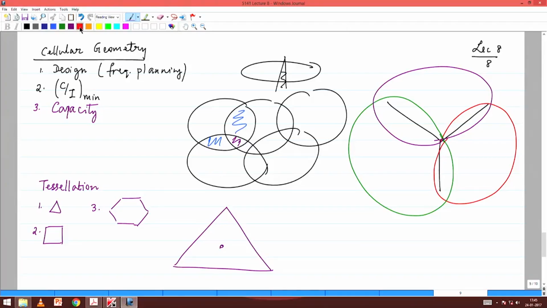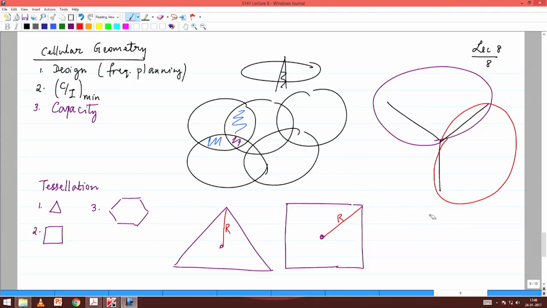I'm going to define the maximum distance. This is the point of maximum distance, that's going to be R. By the same token, if I were to design it using a square, the base station is in the middle, and the point of maximum distance is going to be R, and of course for a hexagon, let me just highlight that.